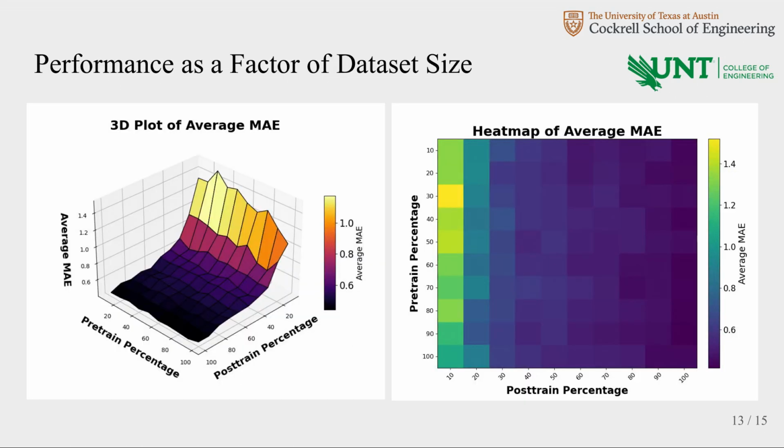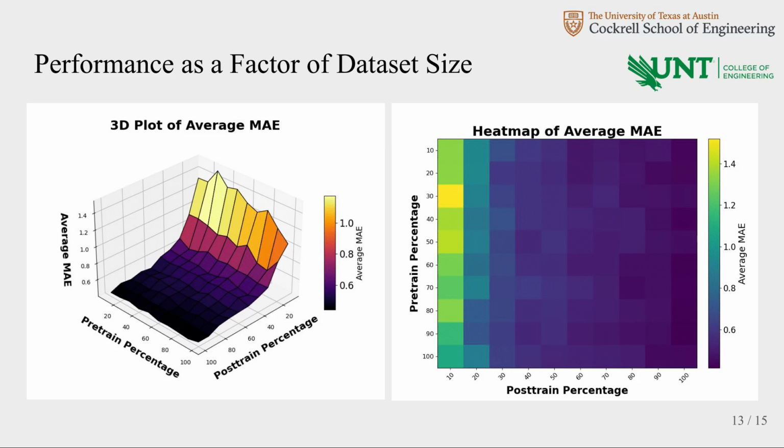Here is another figure showing the relationship between the dataset size and the performance. We can summarize this by just saying, if you look at the figure on the right, the horizontal axis is the size of the fine-tuning dataset, so the number of training elements in the defect formation energy dataset.